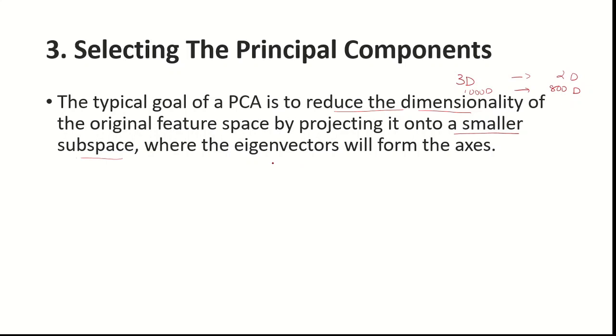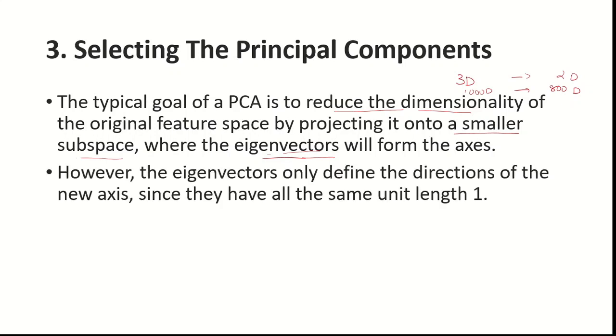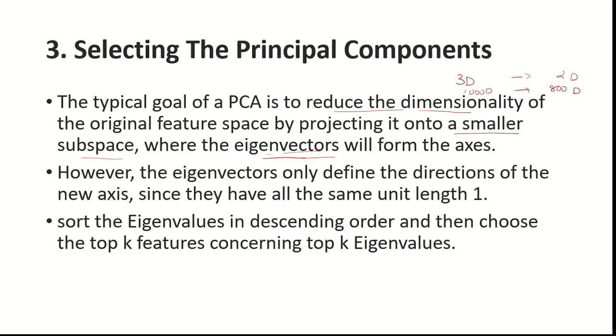So when you do the reduction, the axes actually are the eigenvectors. However, the eigenvectors only define the directions of the new axes since they all have the same unit length. Okay, eigenvectors are unit vectors. Sort the eigenvalues in descending order.